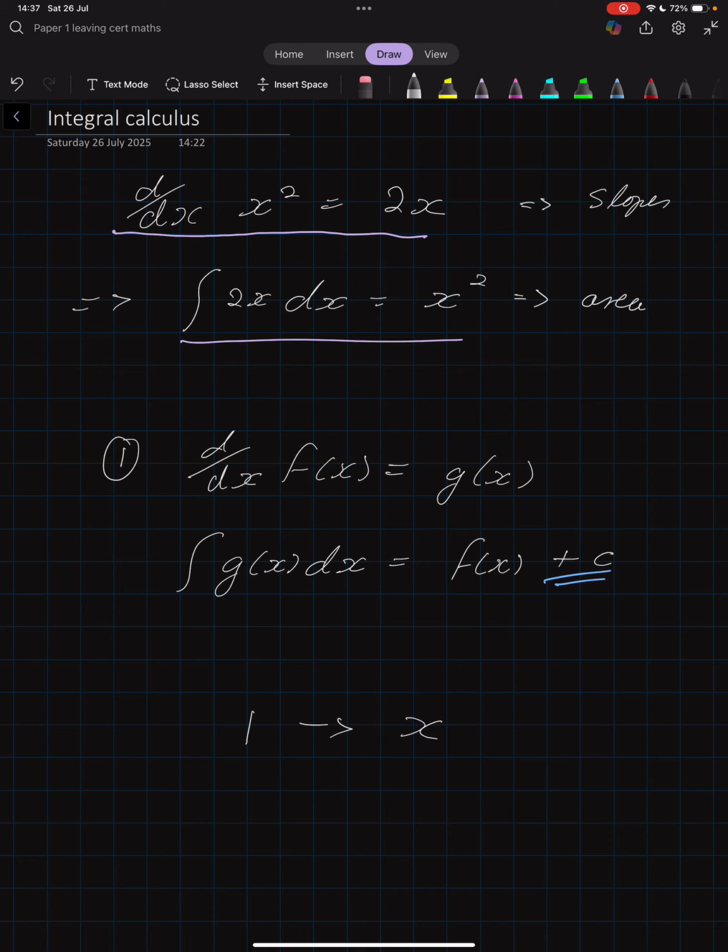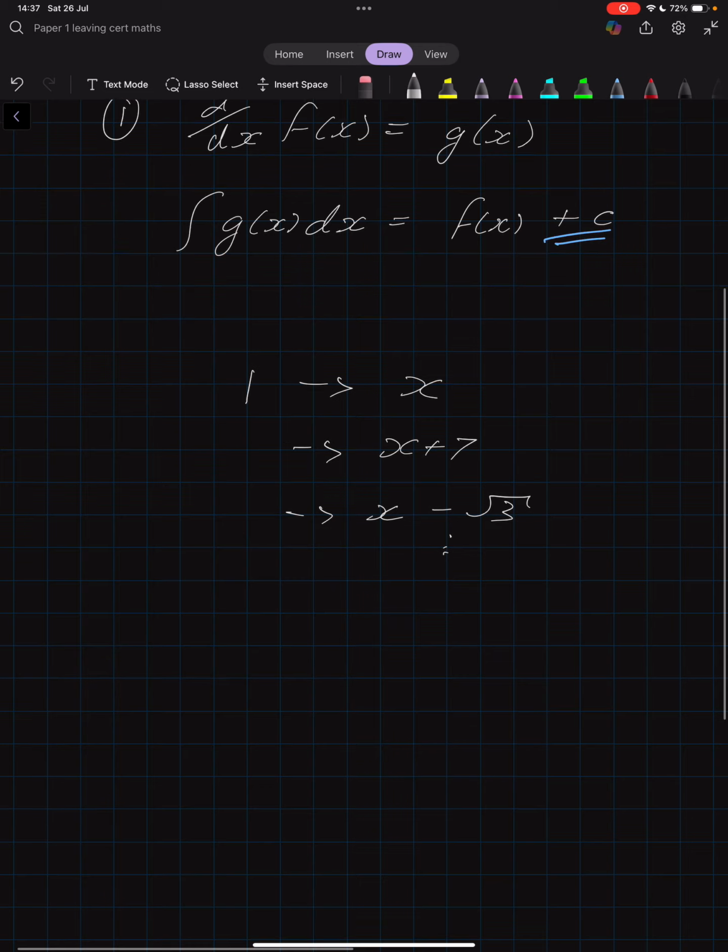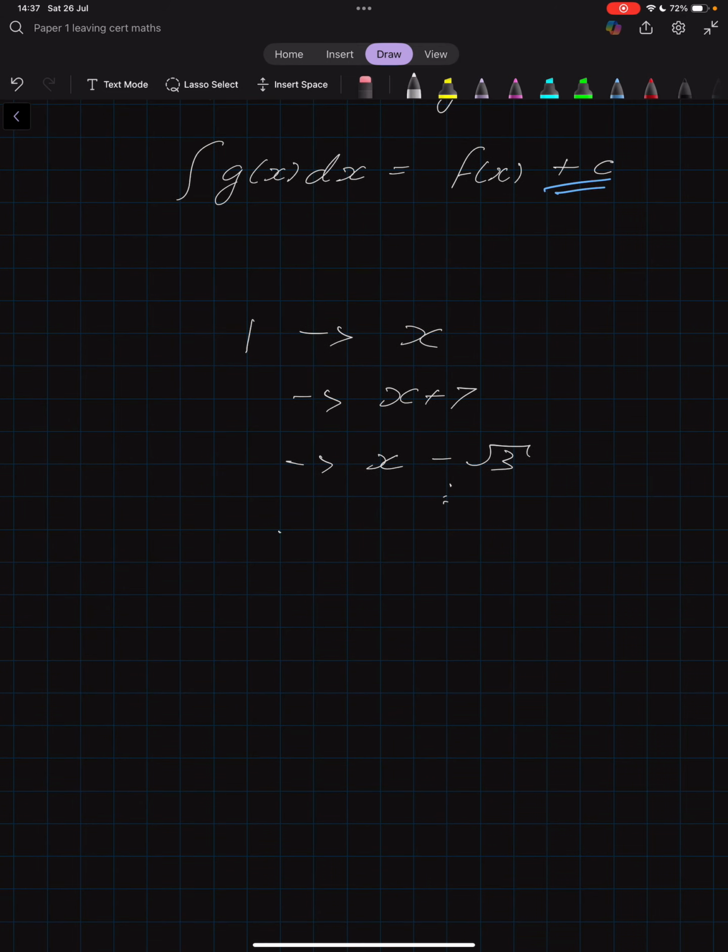You could say x. But if I differentiate x plus 7, that also gives me 1. I could also integrate x minus root 3, on and on. Therefore the correct integral, or antiderivative, is x plus c, where c is some constant.